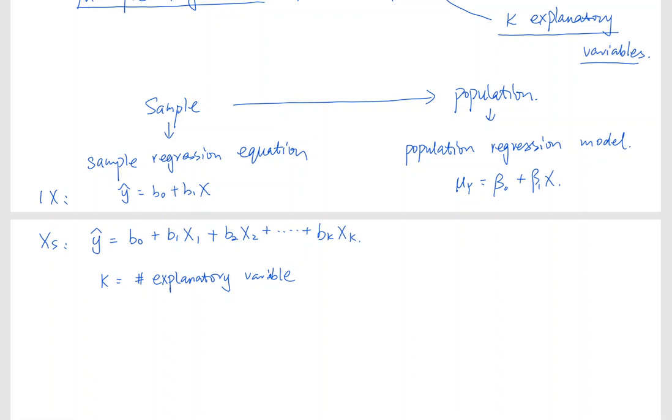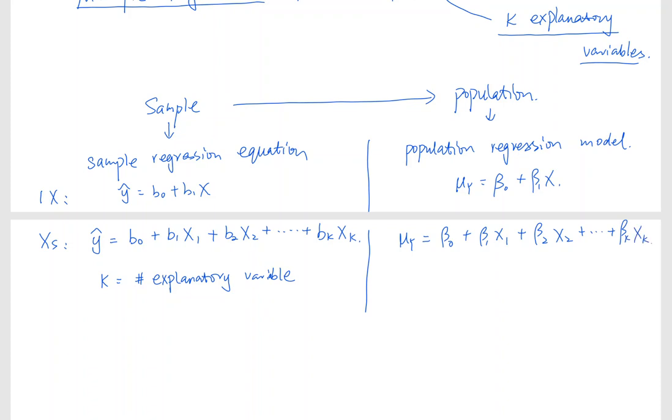Okay, and then for the multiple regression, what is the population regression model? Can you write it by yourself? It will be mu of y equals beta 0 plus beta 1 times x1, and then we will have beta 2 x2, and keep adding until the kth variable.